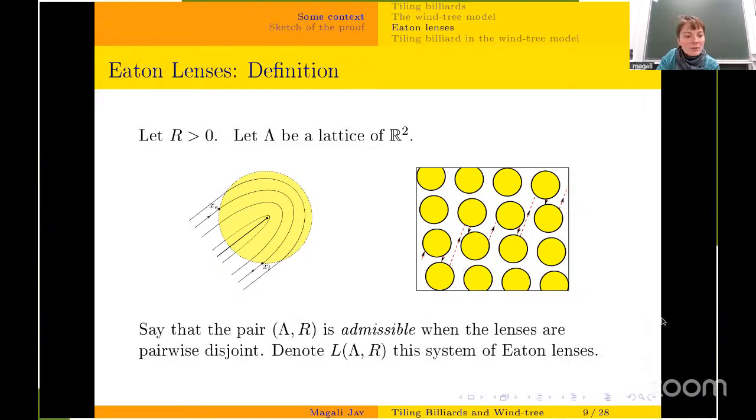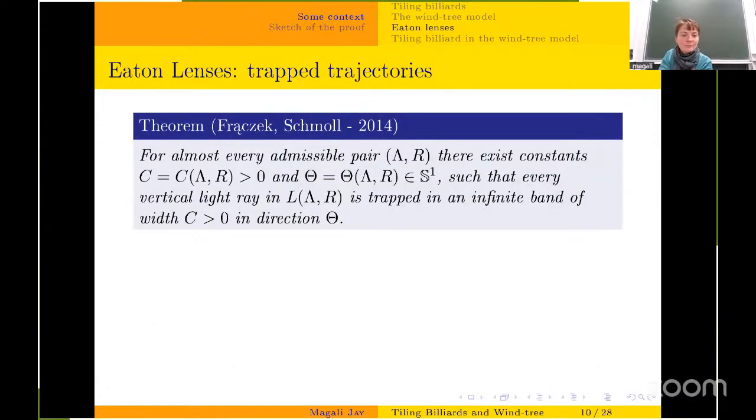And so, of course, we ask the spheres to be disjoint, and in this case, if they are disjoint, then for almost every admissible pair of the lattice in which we place the spheres and the radius of the sphere, there exists a constant c, which is a width, and theta, which is a direction, such that every vertical light ray in our system is trapped in an infinite band of width c and direction theta.